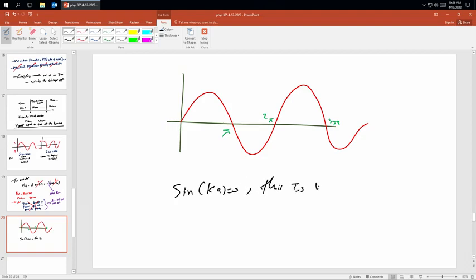This is when sine is equal to 0: when it's pi, 2 pi, 3 pi, 4 pi. So when it's n pi, ka is going to equal n pi, or you can say k equals n pi over a, where n is an integer, right?